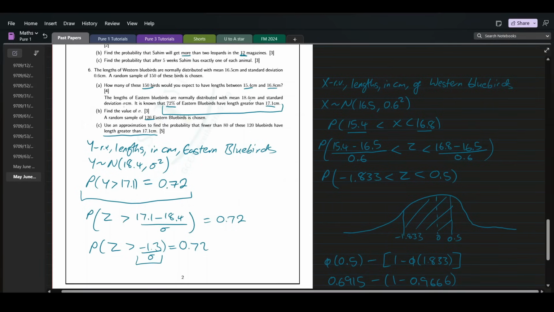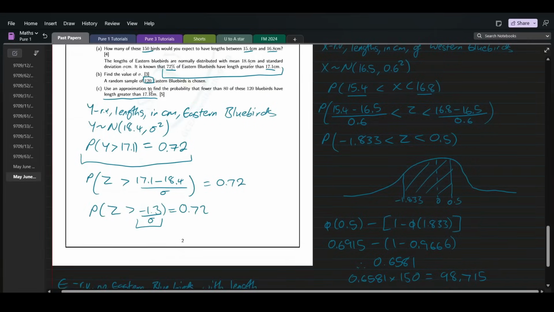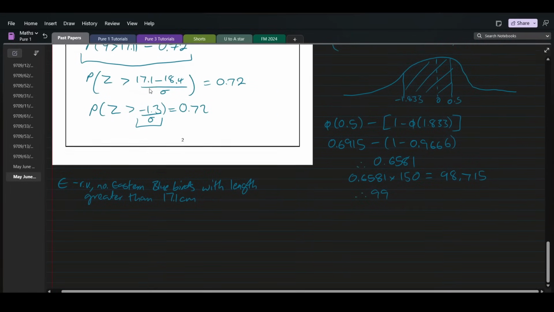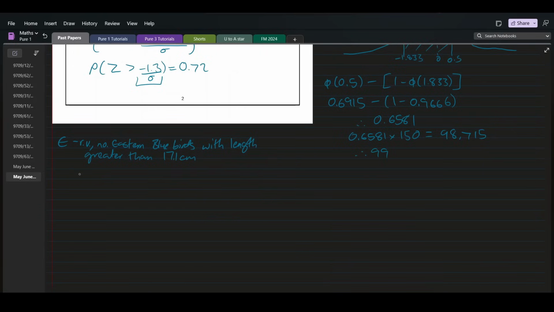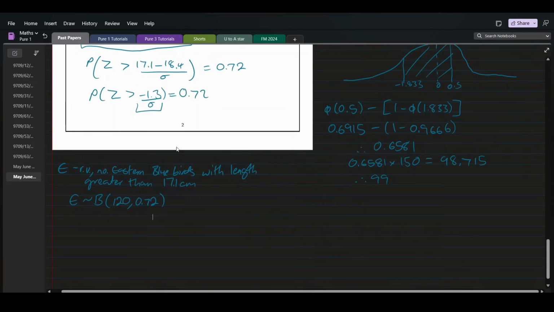That's over here. They said 72% of eastern bluebirds have length greater than 17.1 centimeters. And notice that we have a fixed number of trials, so this is being defined under a binomial distribution, and we can say that E follows a binomial distribution with n being 120, and our probability of success is 0.72.